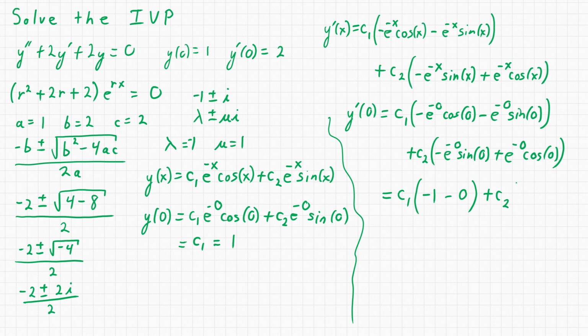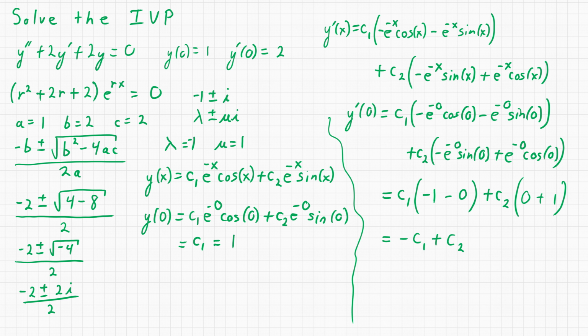And plus c2 times negative e to the negative 0, so negative 1 times sine of 0. Sine of 0 is 0, so that whole term disappears. Then I have plus e to the negative 0, so plus 1 times cosine of 0, which is 1, so plus 1. So that ends up being negative c1 plus c2.